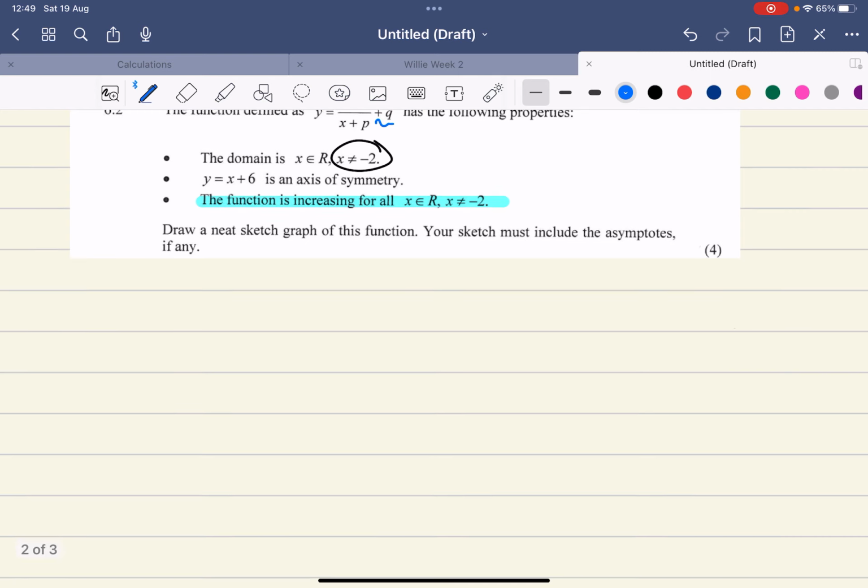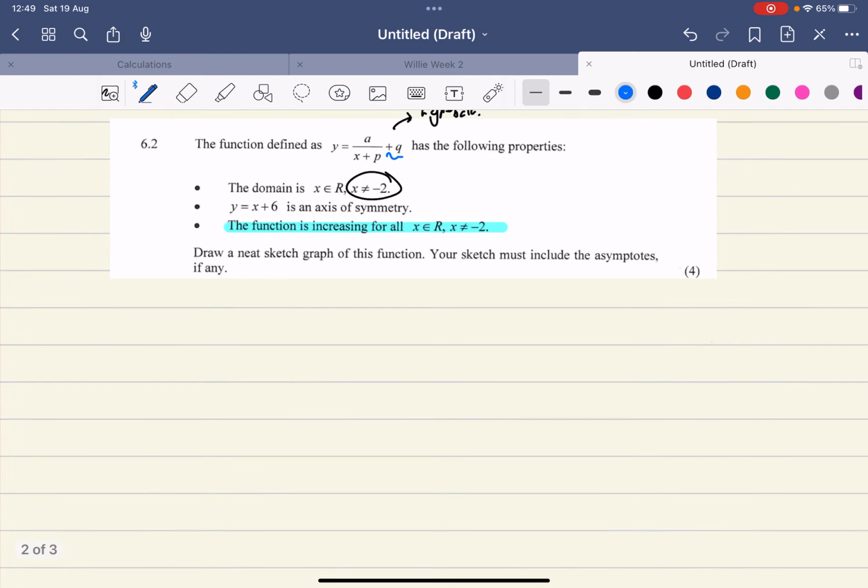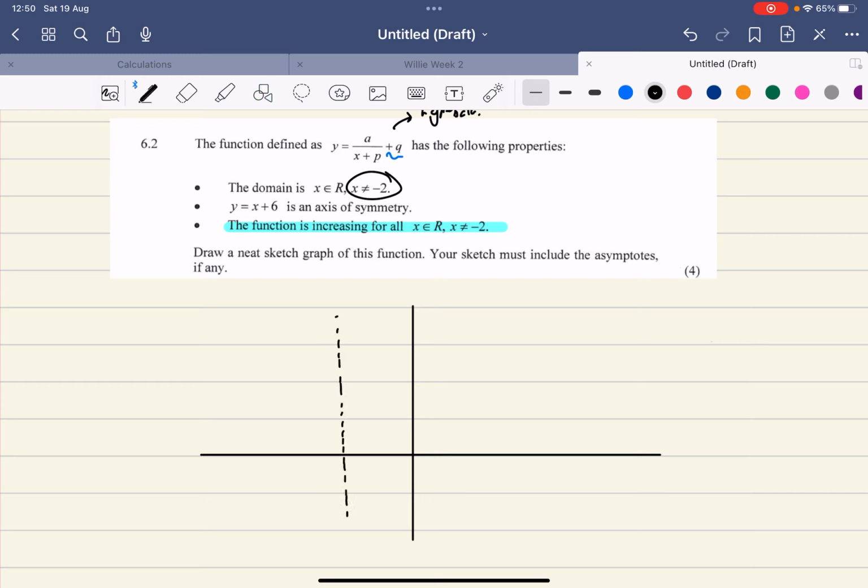Okay, so how are we going to do that? Well, we're going to start with the easiest thing, and that is the asymptote that's already given to us as x is not equal to -2. So here's our axes, and we have x is not equal to -2. Okay, so this is x is equal to -2.